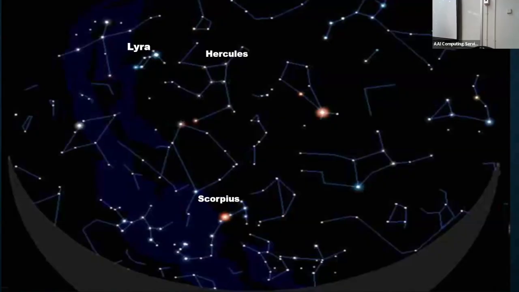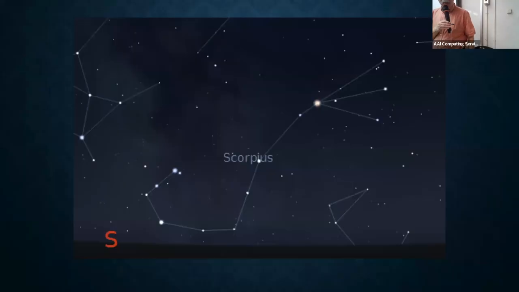It's a gigantic star. The name Antares means, well, if you think about the Greek god Ares, god of war, he's the equivalent of Mars in Roman mythology. So Antares is the rival of Mars, because it's also red.